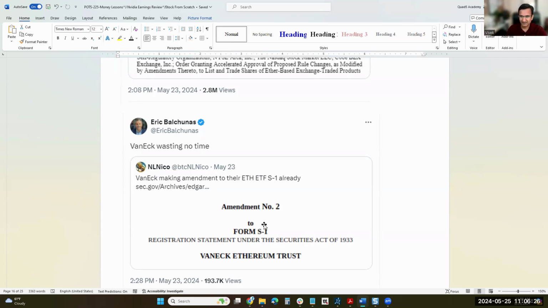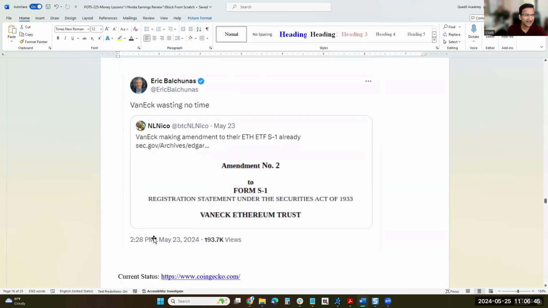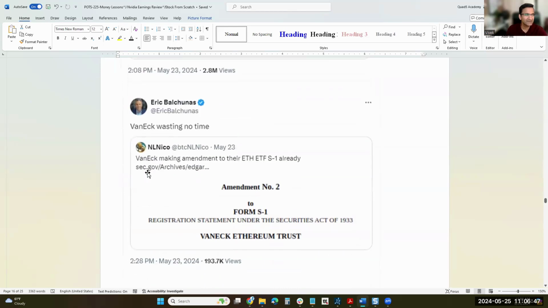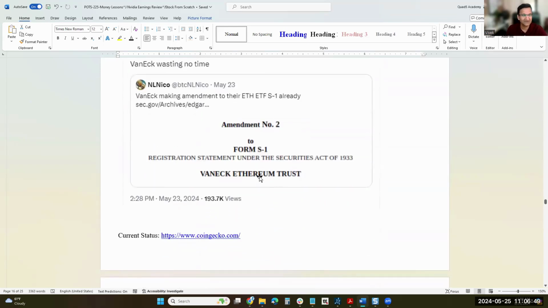There's enough info available to avoid market manipulation and all that. We allow you to list it. Now, each of the issuers will have to file their S-1, like if you're trying to list a stock. Once the S-1 gets approved, you'll have those Ethereum ETFs start trading on the exchanges. So VanEck, maybe 20 minutes after approval, filed their S-1.